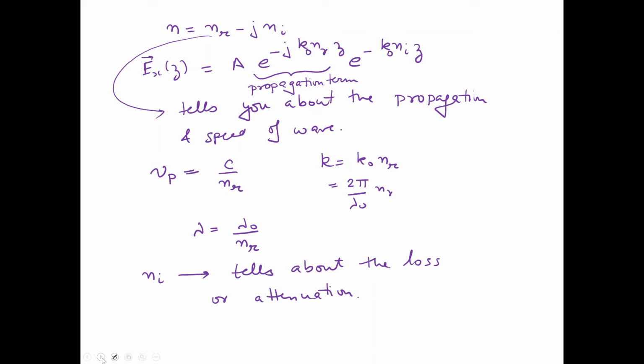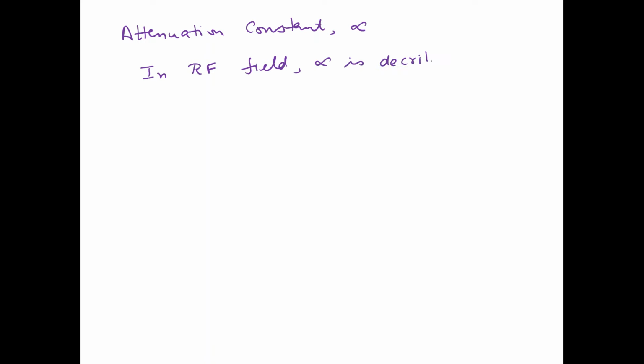We define a constant called the attenuation constant, alpha, so that in the RF field, alpha is described on the electric field.